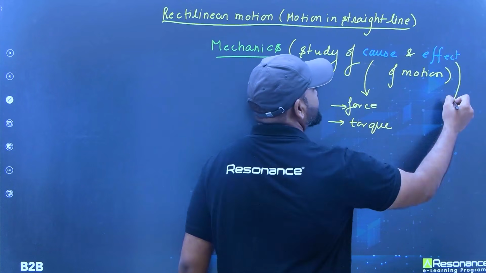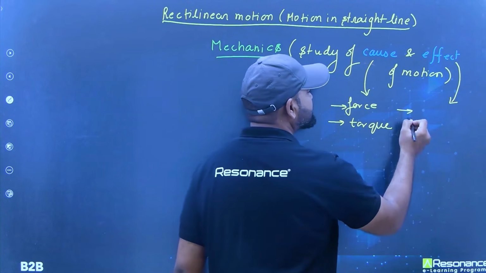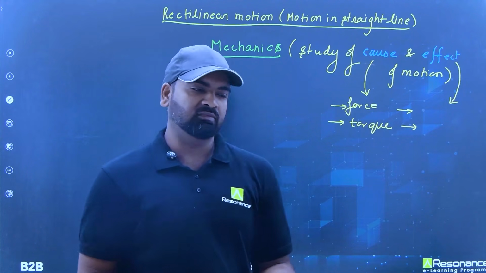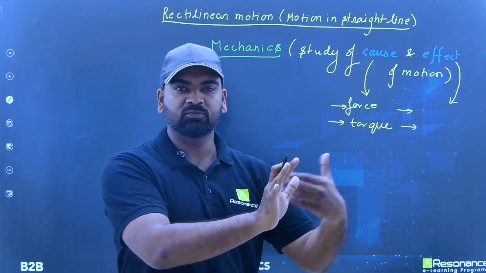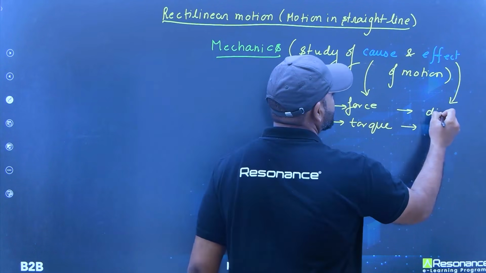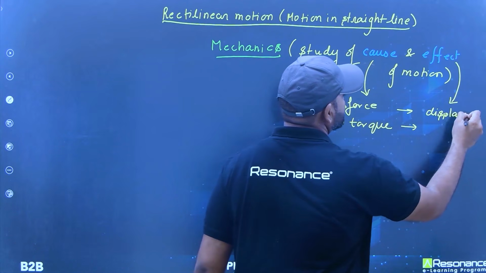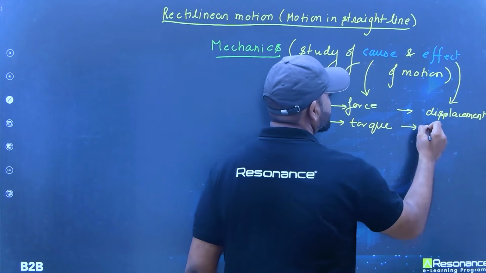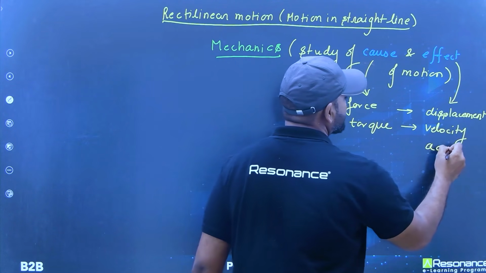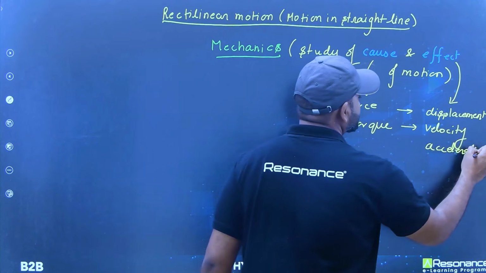Here we got effect. Now, effect means what happened due to that force or due to torque? Well, simple thing. If somebody pushes you, you move forward. It's as simple as that, which means you're gonna get displacement, distance, velocity, and acceleration.